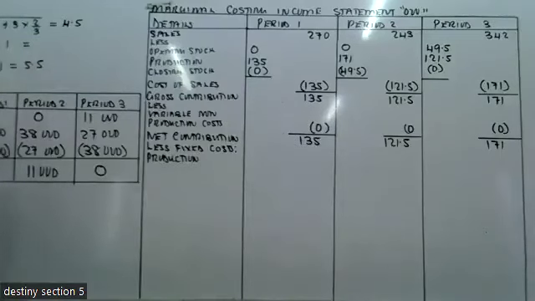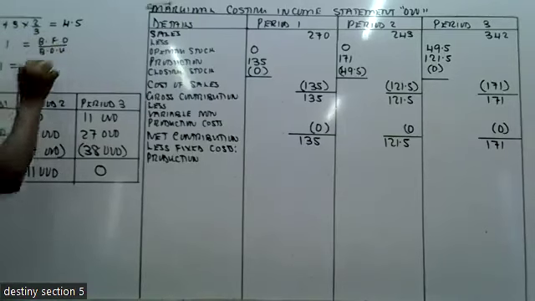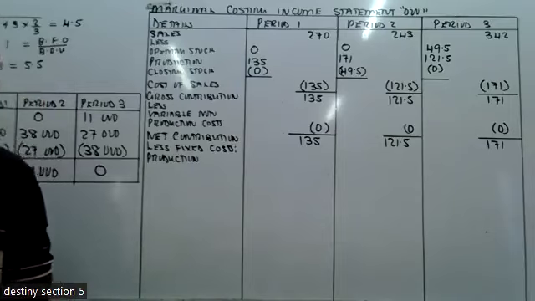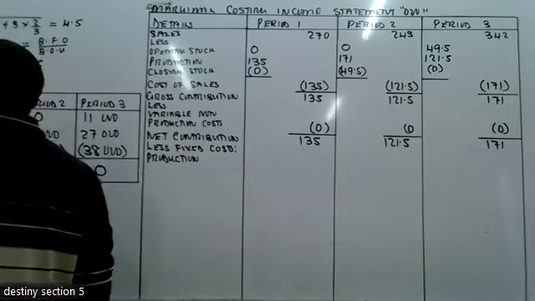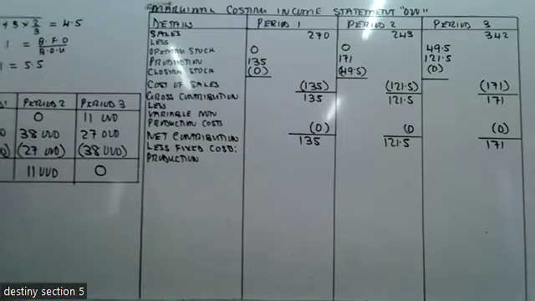This one is supposed to be given as budget fixed overheads, divided by budget output units.